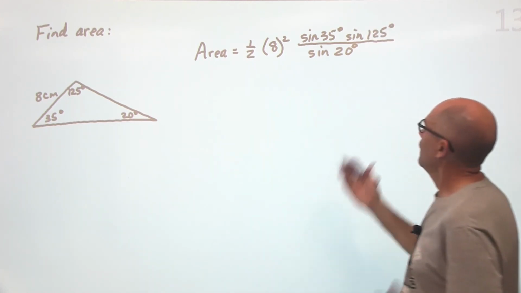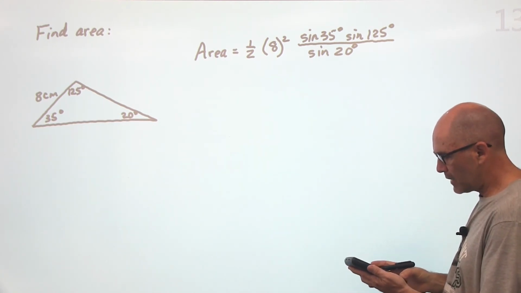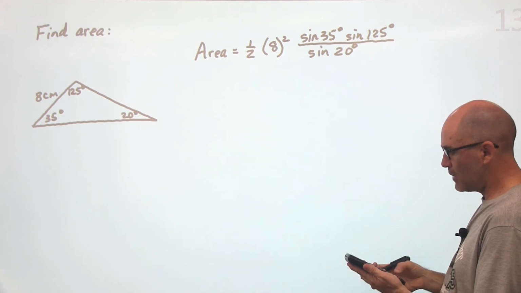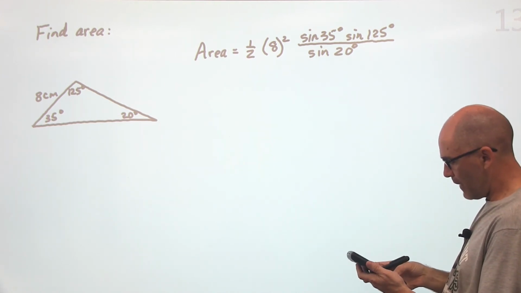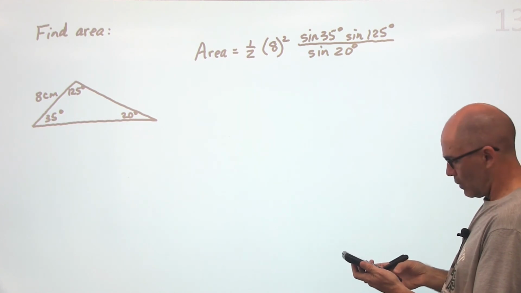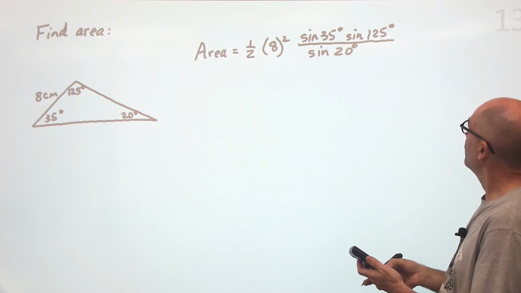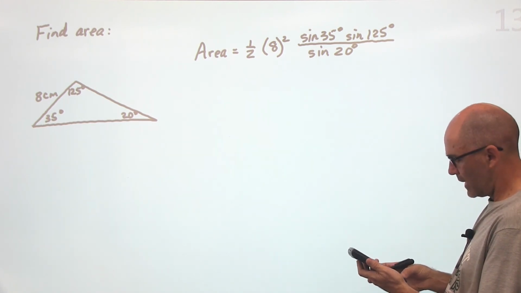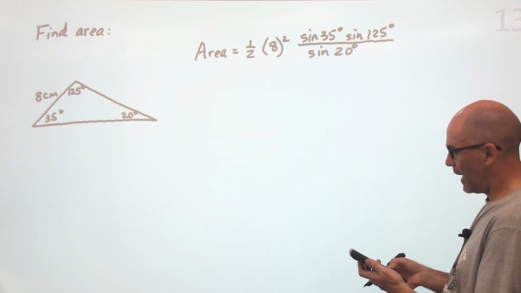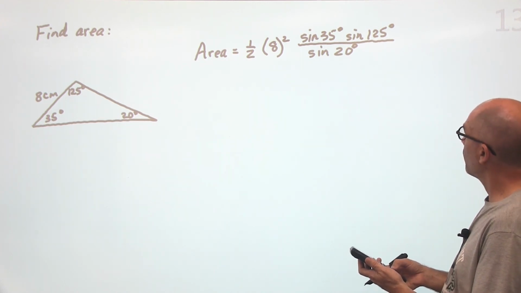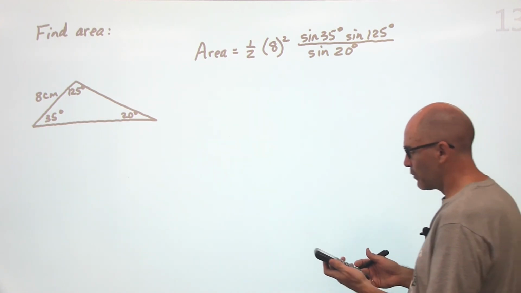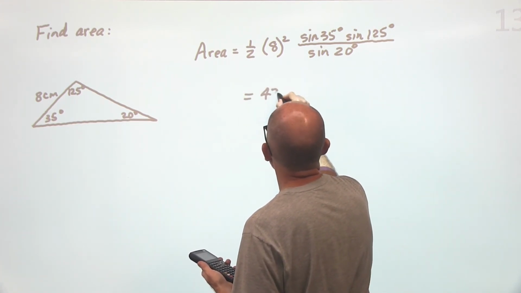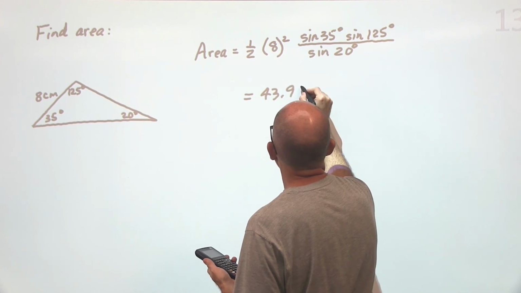Okay, so that's it. Crank these puppies out. So 8 squared is 64. 64 times a half is 32. So I go 32, enter, 35 sine, 125 sine, times 20 sine, divide, and let's just multiply the whole thing, and we have 43.959. 43.96.